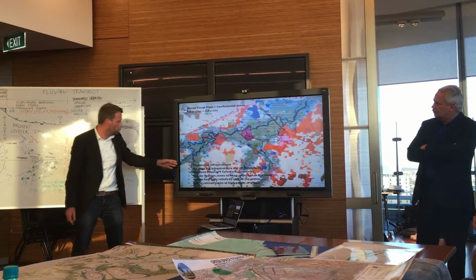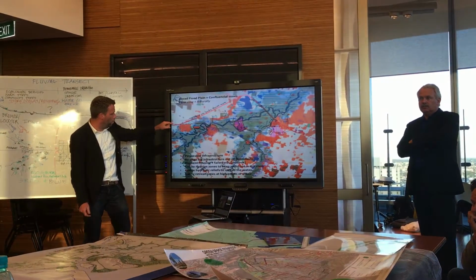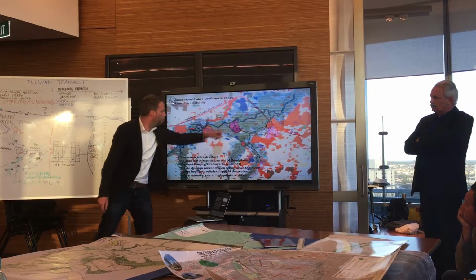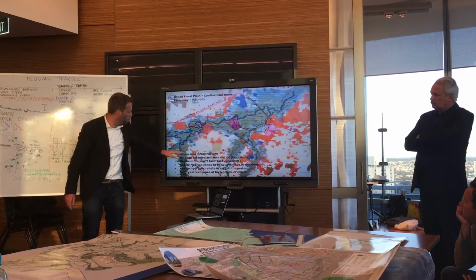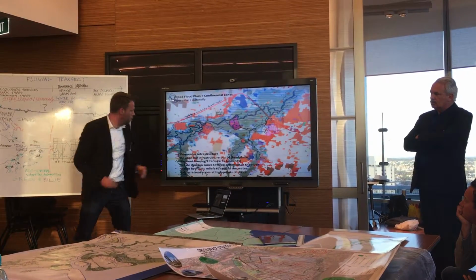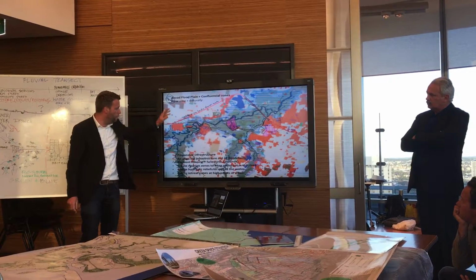It has some ingredients. The first one is that we are making the infrastructure, the railway line but also the highway, permeable, so that the flood can go through it. But we are also thinking about realigning the big infrastructure.